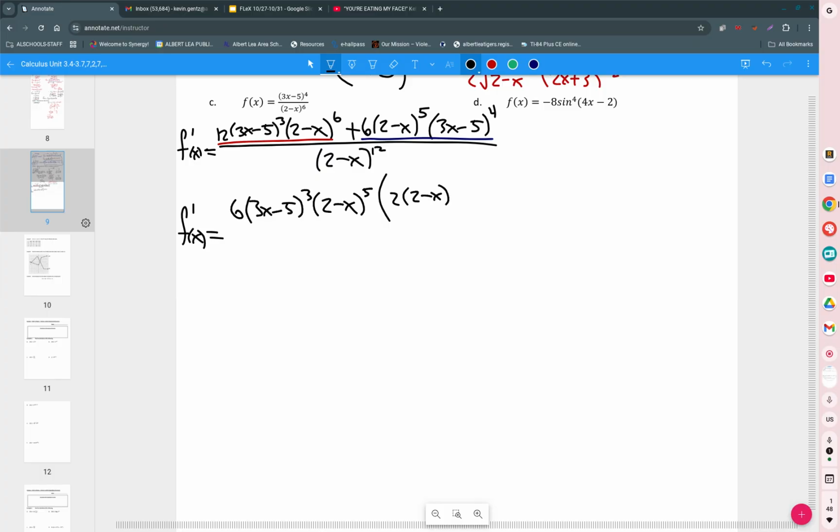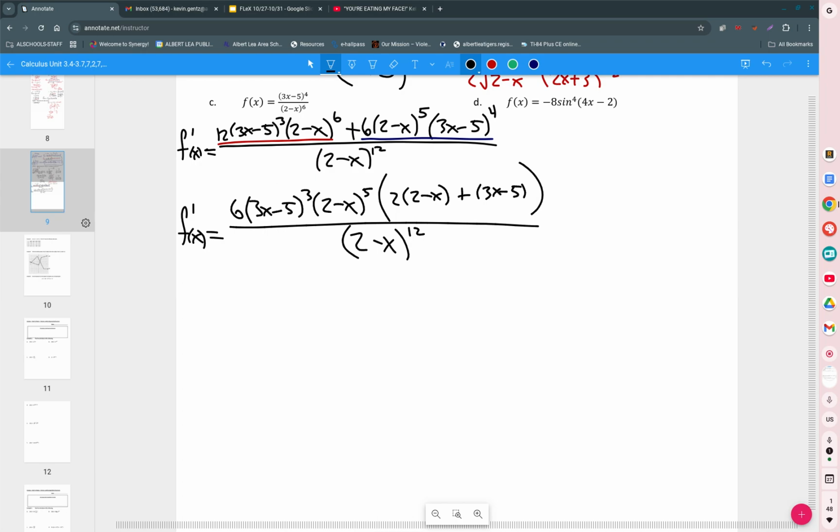Good. What goes next? 3x minus 5. Plus, yep, the 3x minus 5. How does this help? All over, simplify it. 2 minus x to the 12.